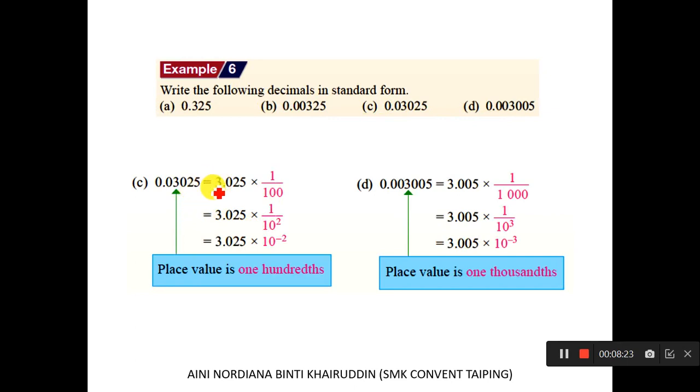So C, 1, 2. You only move 2 times. So 3.025 times 10 to the power of negative 2. For D, 1, 2, 3. So the answer will be 3.005 times 10 to the power of negative 3.